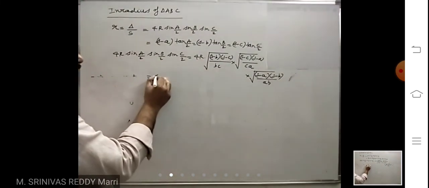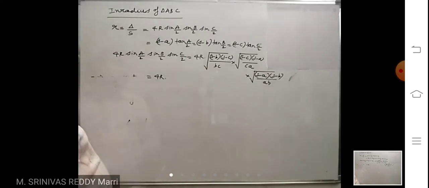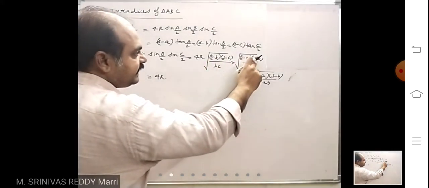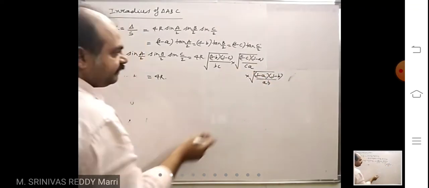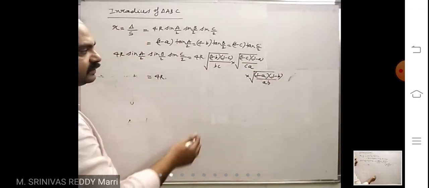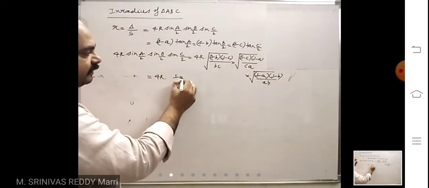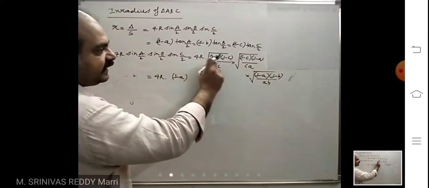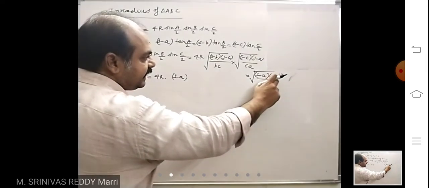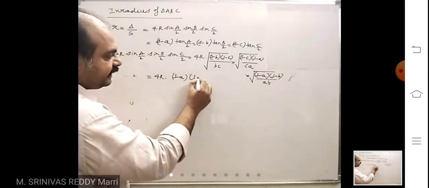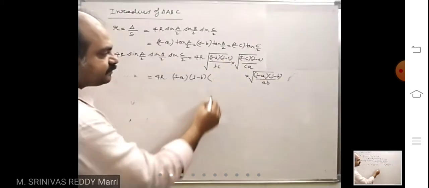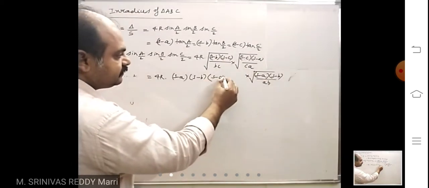This is nothing but 4R into, look here. In the root, S minus A is here and S minus A here, that means S minus A whole square, so the root will be cancelled, giving S minus A. Here S minus B is there, S minus B whole square, that means S minus B. S minus C into S minus C, S minus C whole square.